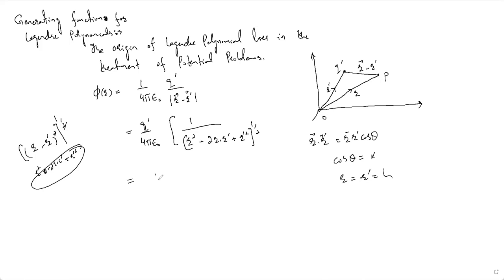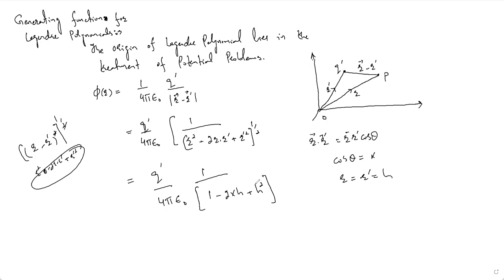This will become Q dash divided by 4 pi epsilon naught times 1 divided by the square root of 1 minus 2xh plus h square, because r dot r dash gives x, and r dash square over r square is h square.